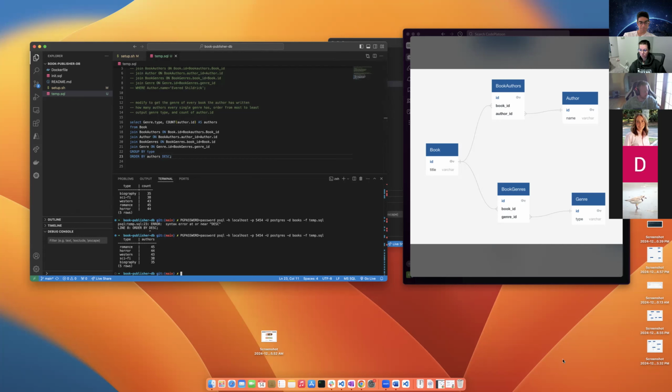Would there be a situation with this database where we use the other types of join? Megan, what do you mean by the other types of join? Do you mean inner joins or things like that? Well, if we type in join, that's the default inner join, right? Yes. So is there going to be a situation where we would use an outer join or the other types of join?